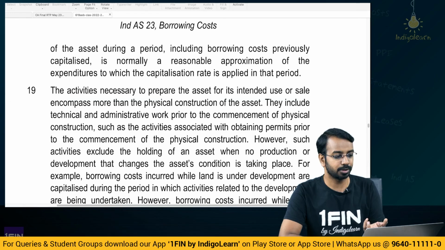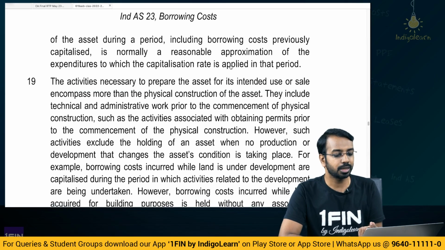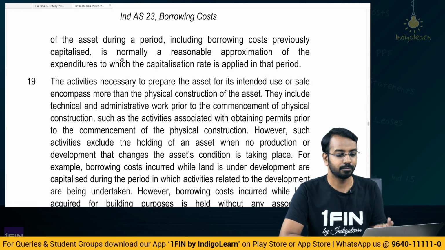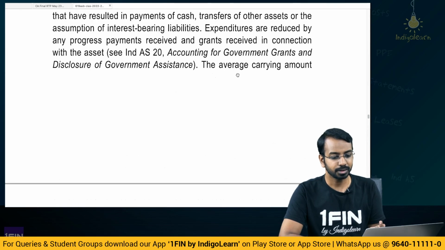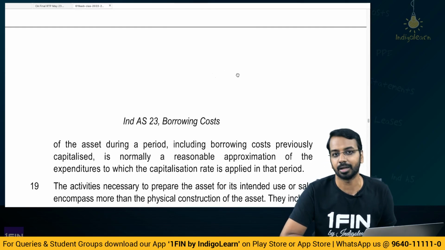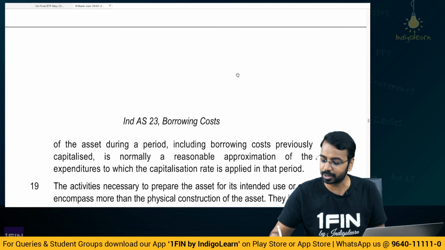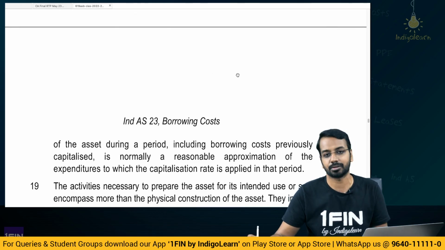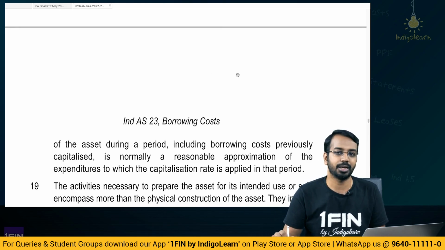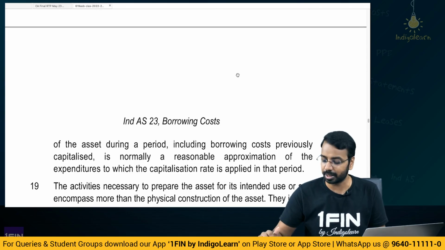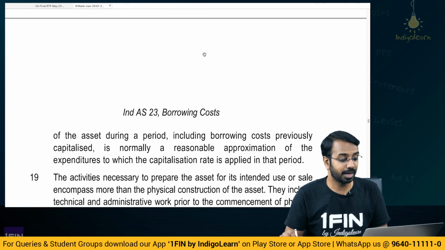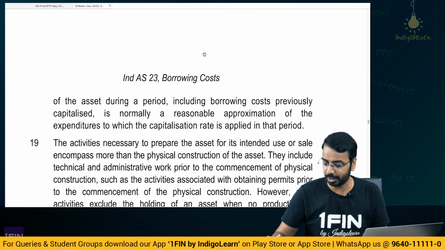So, what is a reasonable approximation? The reasonable approximation in this case is, what is the borrowing cost previously capitalized plus what is the average carrying amount of that particular asset, right? So, that is where you can use the carrying amount and the interest already incurred and arrive at the amount to be capitalized. And of course, because we are saying the average carrying amount, you can also do a period weighted thing.